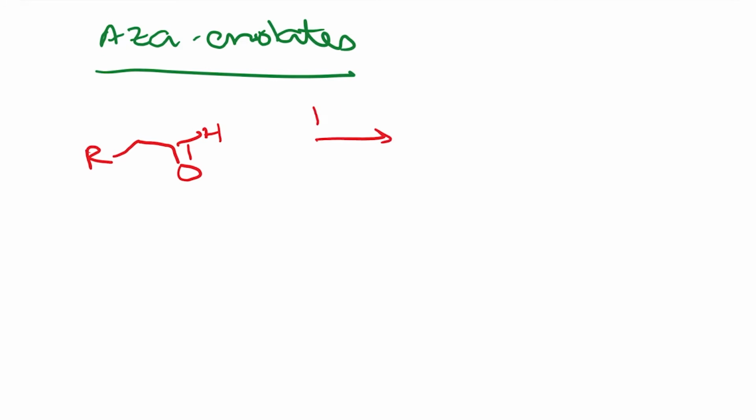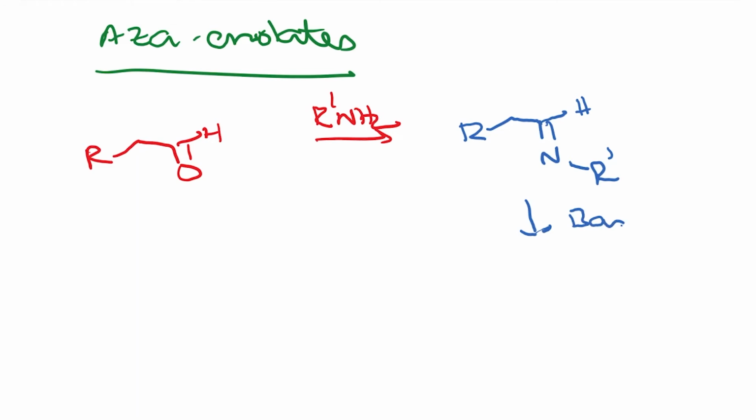You react this with R prime NH2, and I'm not going to draw the arrow pushing mechanism, but you will agree that this kind of product can be formed. And now to this you add a strong base. Okay, for example, you can add LDA, or you could add butyl lithium or Grignard reagents, and any of these are going to pick up this proton.